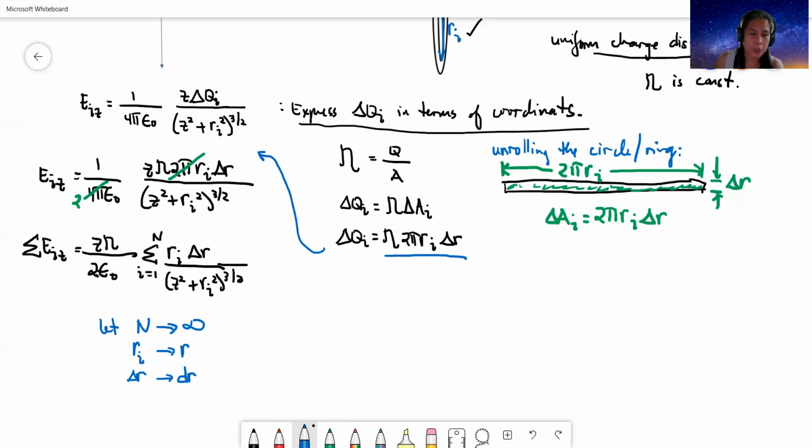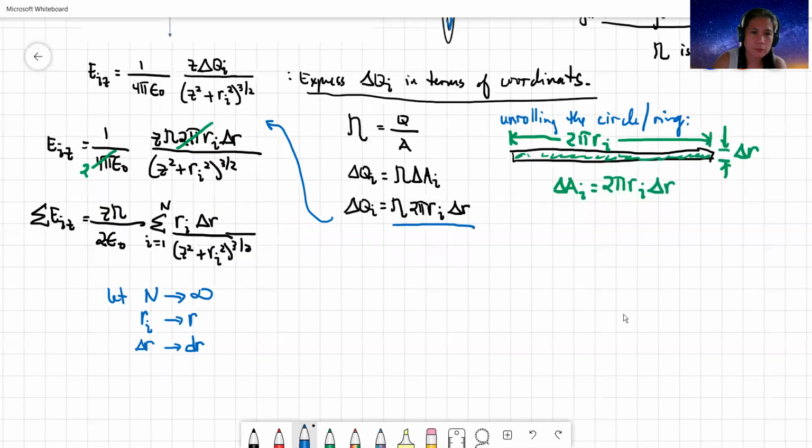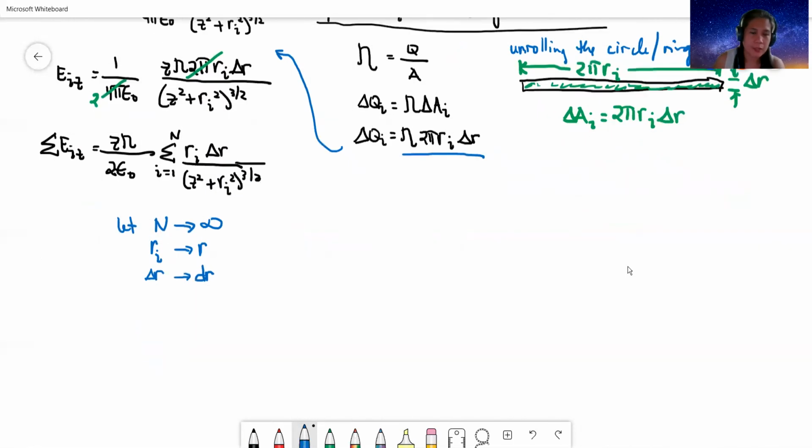And then our limits would be, if this is our disk, you will be integrating from the center where r is 0, no longer r sub I, from r equals 0 until r equals big R. That's the entire disk, so the integration is from the center. We add all of the rings here until small r equals R.